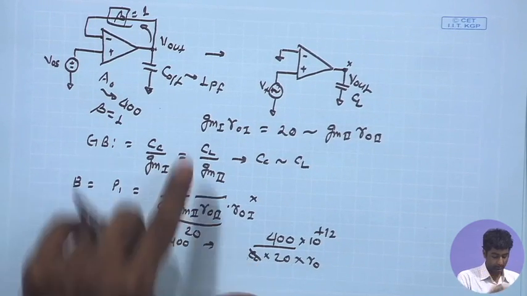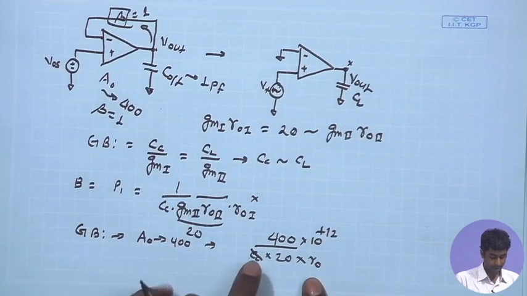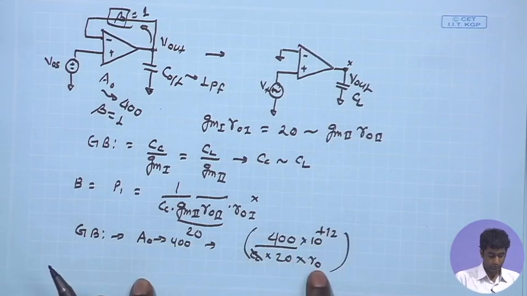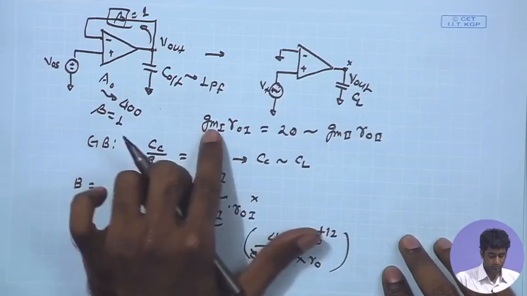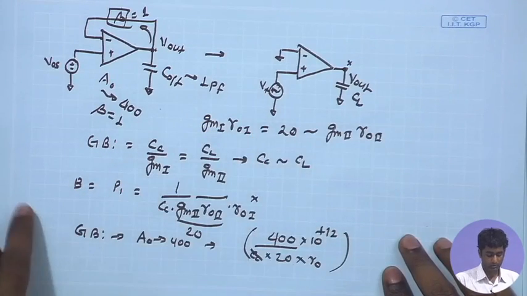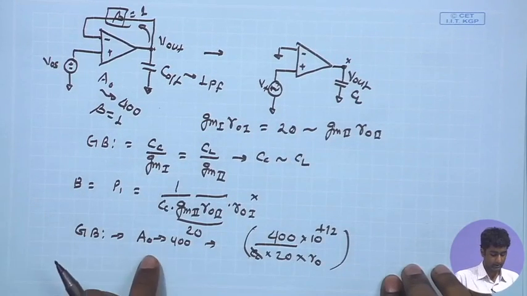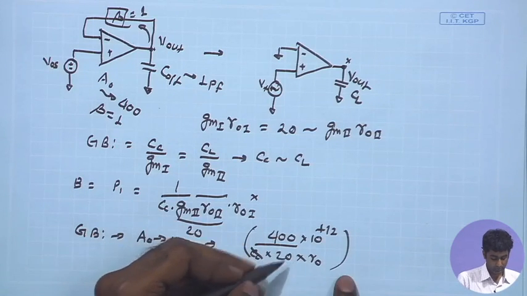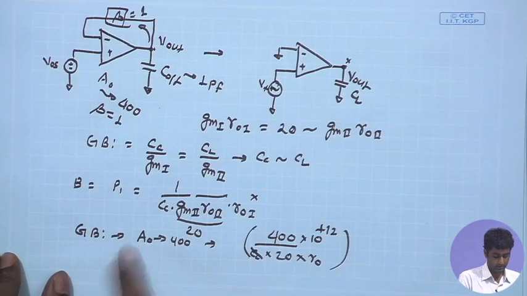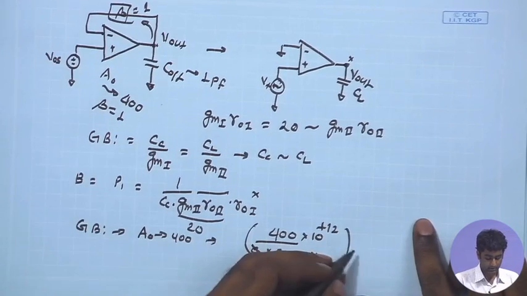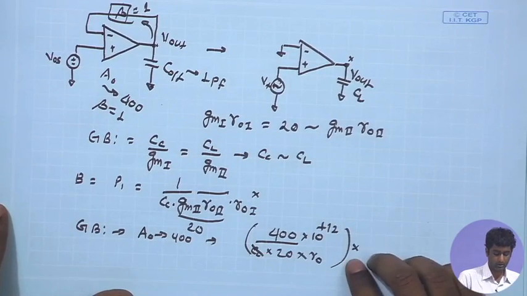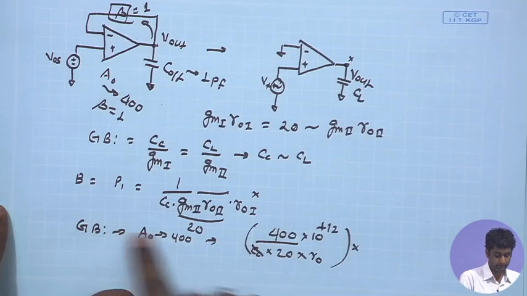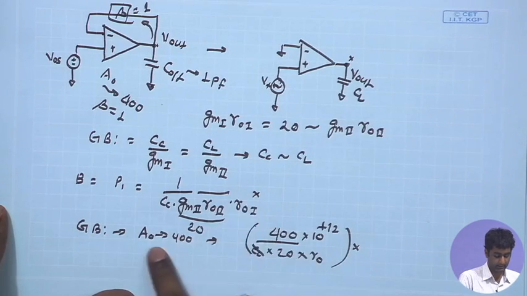Also, we have the overall value of RO, which is also known, because we have GM1 RO equal to 20 from both these cases. Now, if we look at the overall gain bandwidth product and the corresponding closed loop gain, what is going to be the closed loop gain if we have this gain bandwidth product and a certain open loop gain?